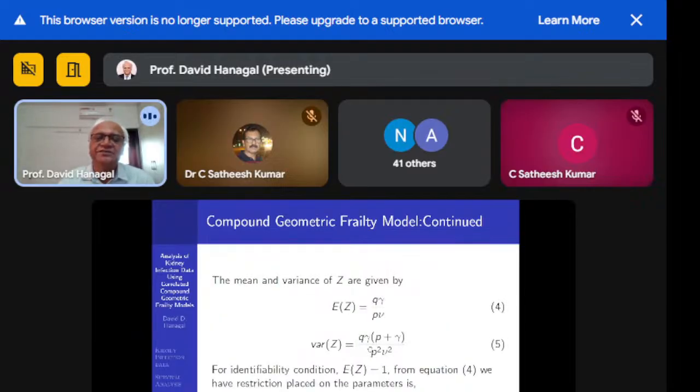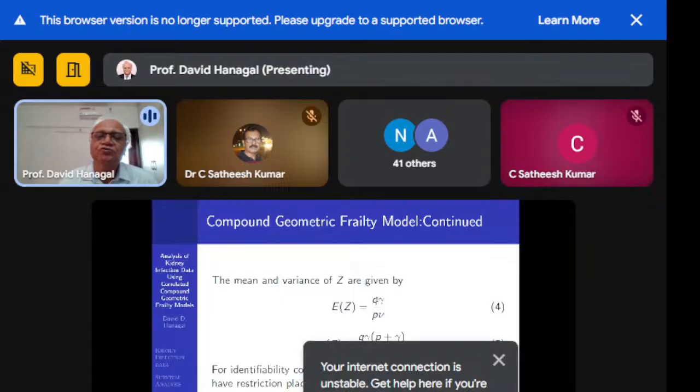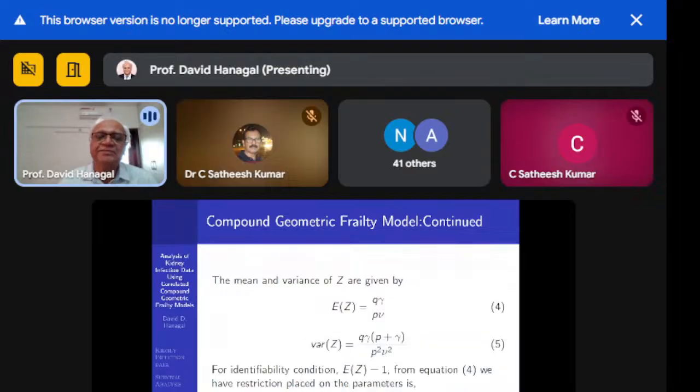Now the mean and variance. For the identity condition, you have to take the expected value of Z equal to 1 in equation 1. That will lead to the restriction P mu equal to Q gamma, where Q is 1 minus P. In all, there are three parameters, and it will reduce to two parameters; one parameter goes after this restriction.